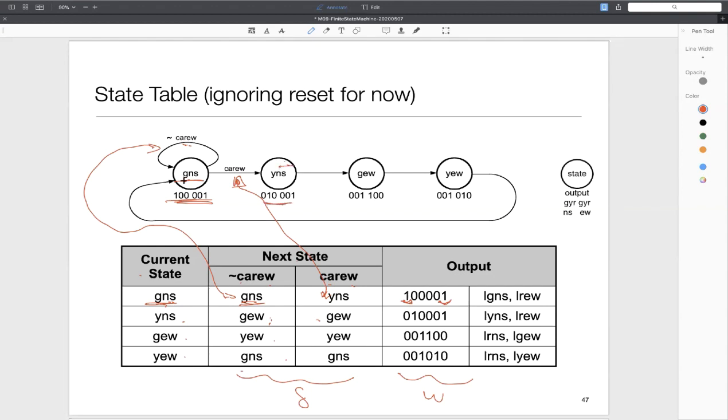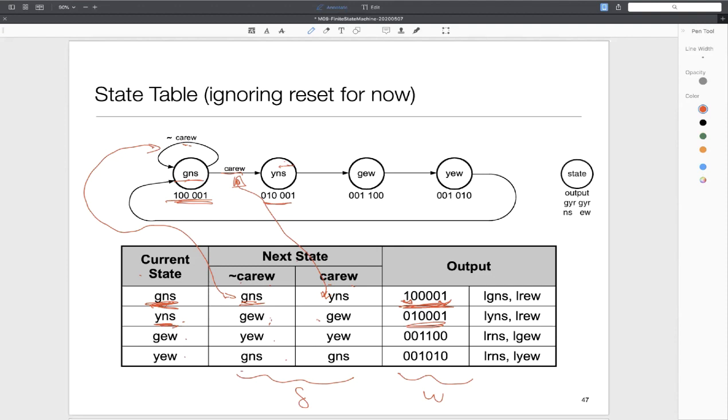But in state GNS, the meaning of GNS was that north-south is green. So yes, we will move from GNS to YNS if car east-west is there, but when I am in GNS, the output is this. Only when I move to YNS would the output change. It's a Moore machine, and in a Moore machine, outputs are independent of the inputs. They depend only on the current state.